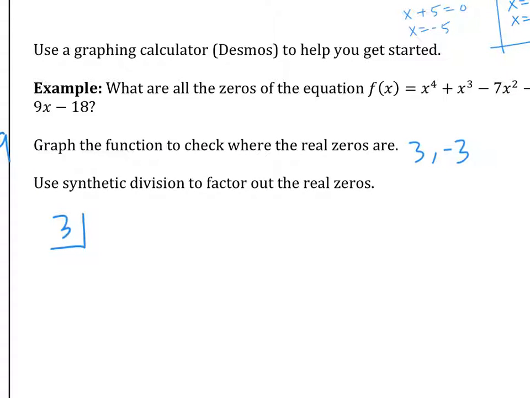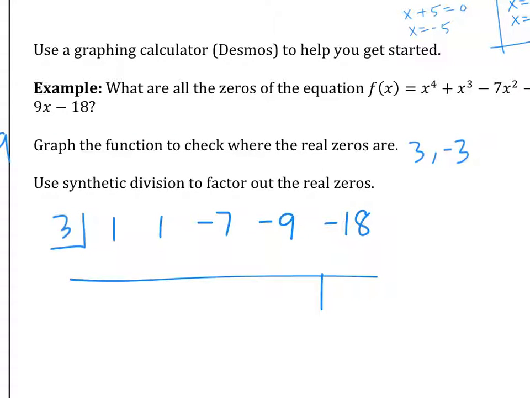So use synthetic division. 1, 1, minus 7, minus 9, minus 18. 1, 3, 4, 12, 5, 15, 6, 18, 0.